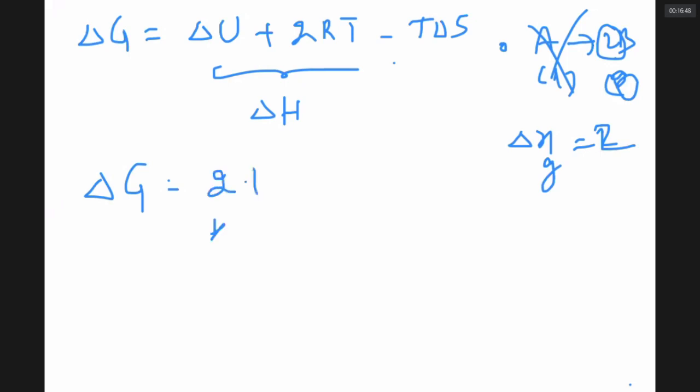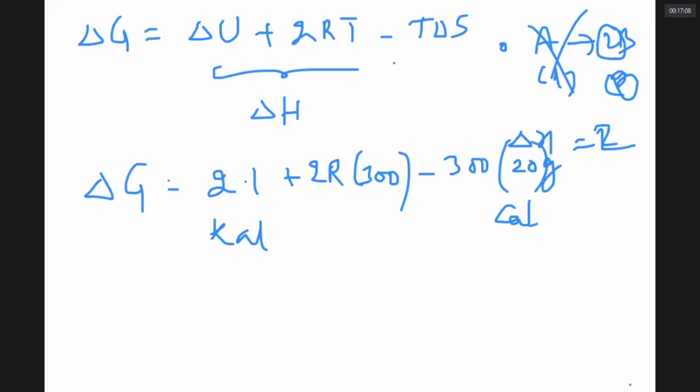2.1 kilocalories. Temperature is 300 Kelvin. 300 into delta S, which is given as 20 calories. I should be very careful because the first is in kilocalories and this is in calories.